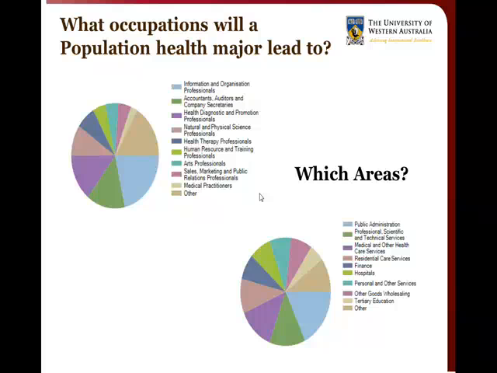So there are many occupations that the population health major will lead you to, predominantly obviously in the health sector, but in the public, the private sector, and also non-government organisations such as the Cancer Councils, the National Heart Foundations, Diabetes Association, etc. It's also a useful major to prepare you for further graduate studies in dentistry, medicine, or podiatric medicine or nursing. So in any of the health-related postgraduate courses, this major would be an asset to you.